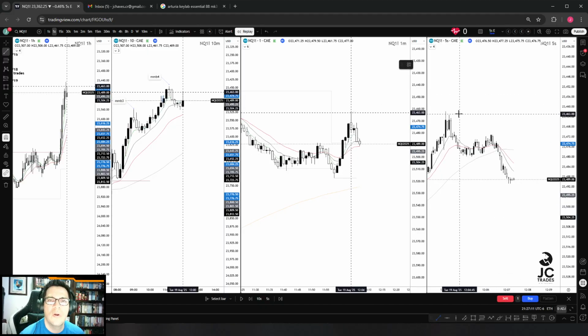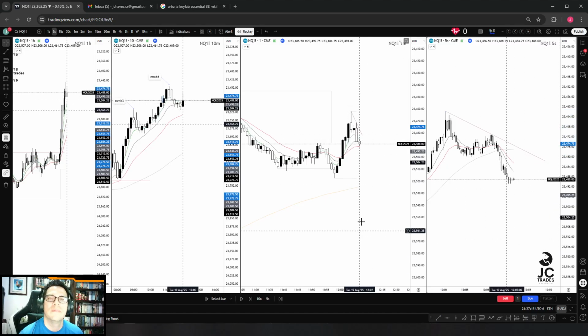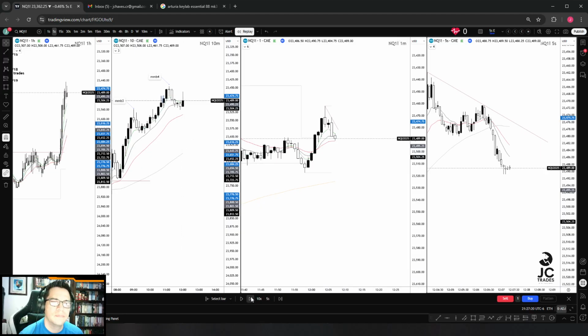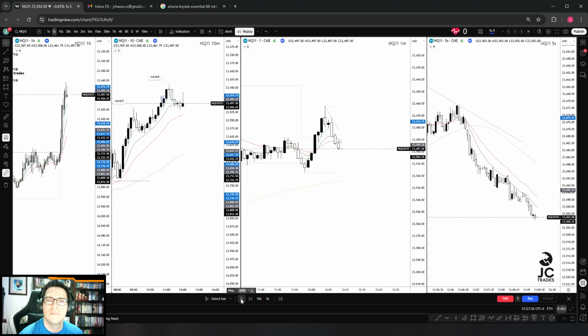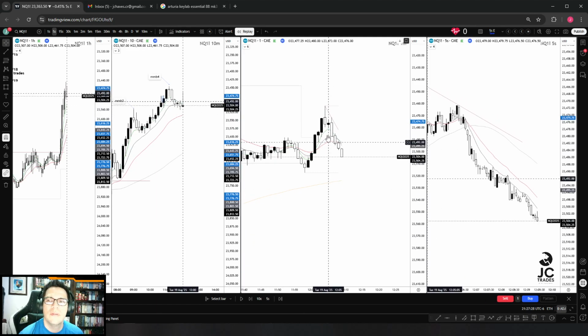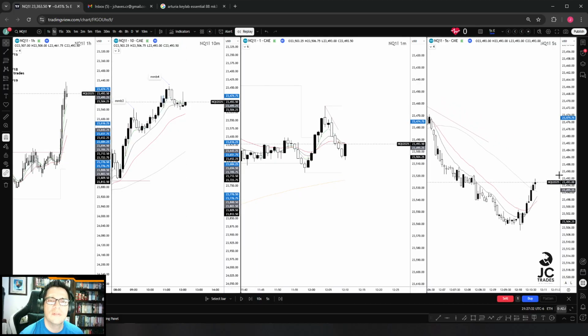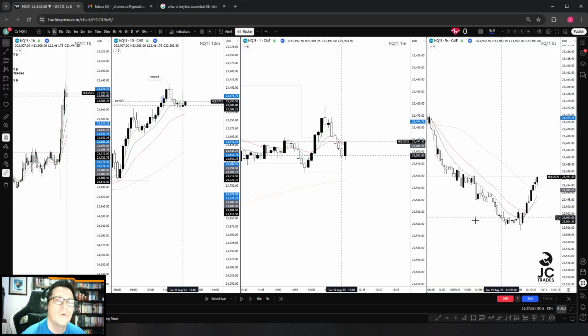Let's draw the containment line. So now we have all these candles below the EMA, so we're not just gonna consider this one anymore.